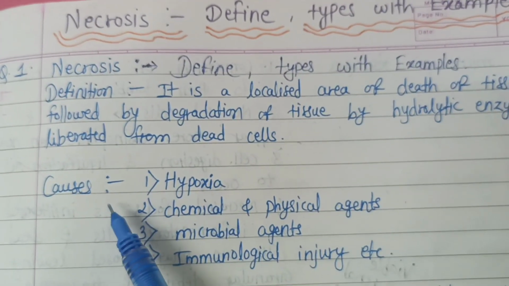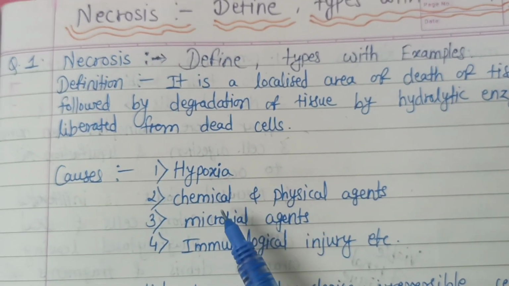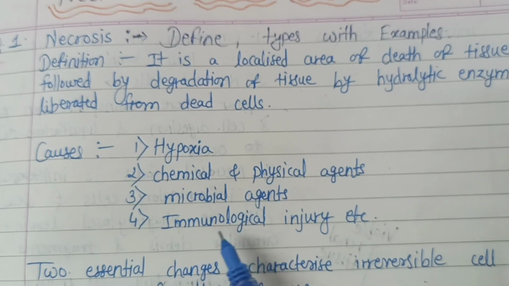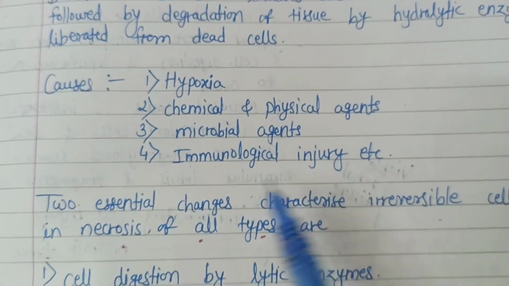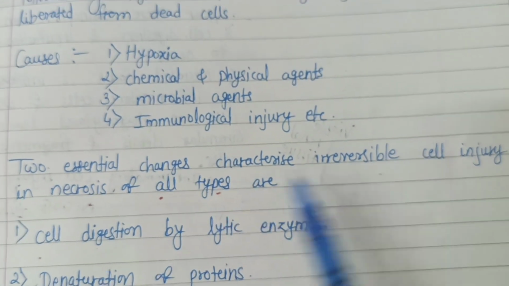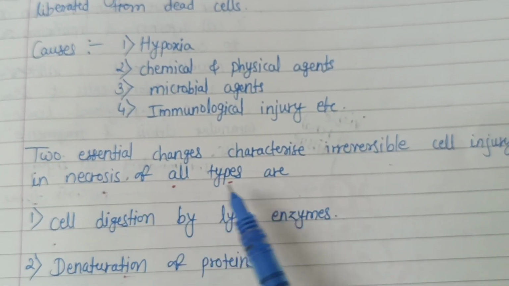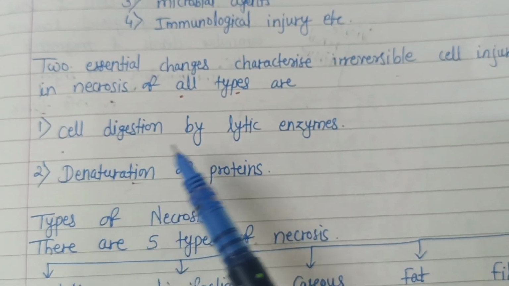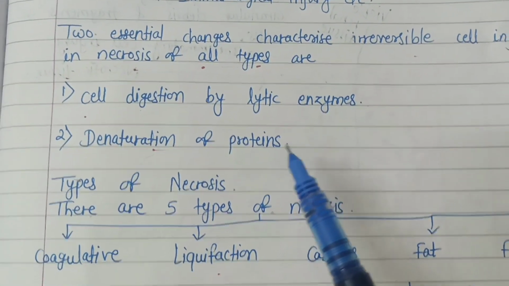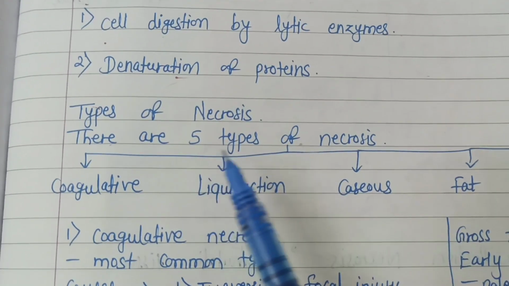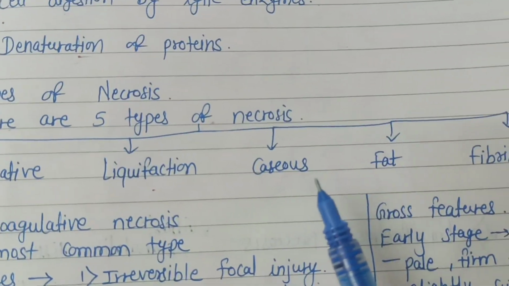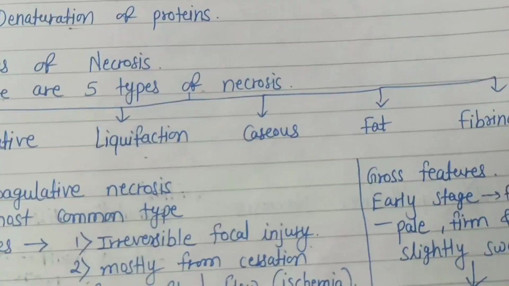Then its causes: hypoxia, chemical and physical agents, microbial agents, and immunological injury. Two essential changes characterize irreversible cell injury in necrosis of all types: first, cell digestion by lytic enzymes; second, denaturation of proteins. Types of necrosis: there are 5 types of necrosis: coagulative, liquefaction, caseous, fat, and fibrinoid.